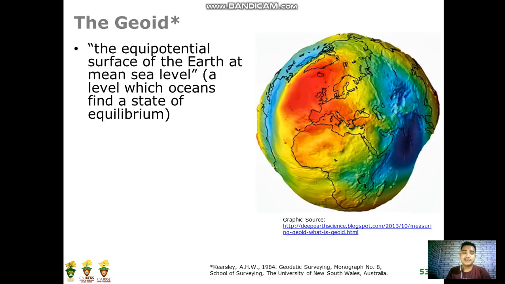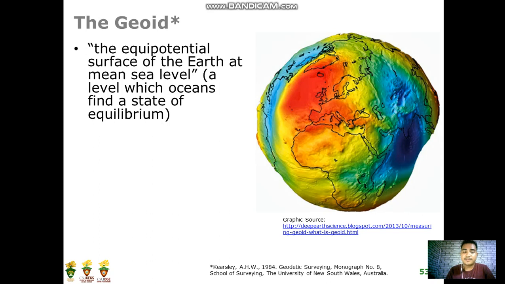So let's define geoid again. Geoid is the equipotential surface of the Earth at mean sea level, or a level which oceans find a state of equilibrium. Di ba? Ang pagkuha sa mean sea level, it's a long process, no? So in fact dapat 19 years, no?